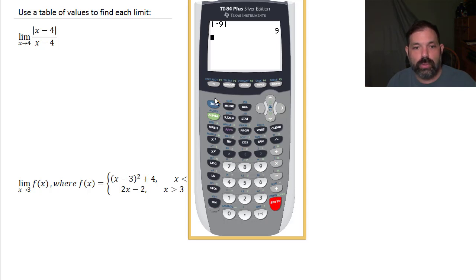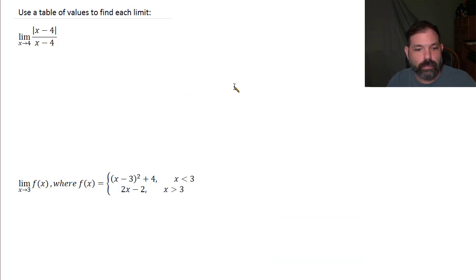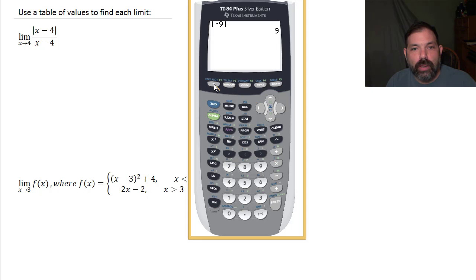All right, so try that exercise out on your calculator. Try to find that limit on your calculator. All right, so let me go back to my y equals screen, and I'll clear out the old stuff. Let's bring up the absolute value.